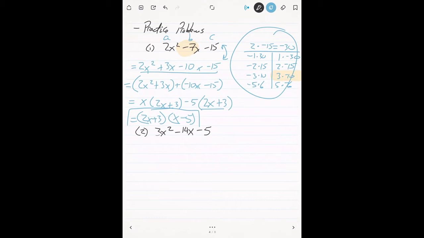All right, let's try another example. Again, make sure you know what's A, what's B, and what's C. So we can multiply A and C together to get negative 15.